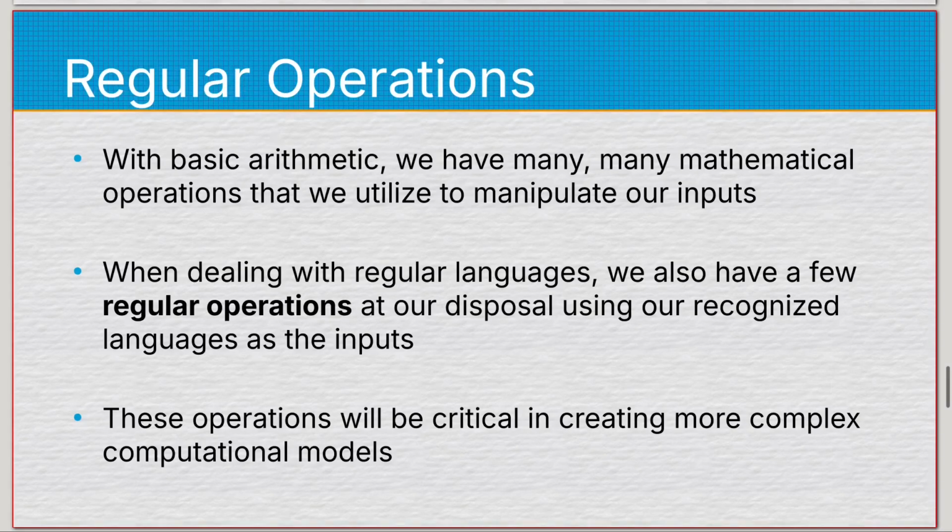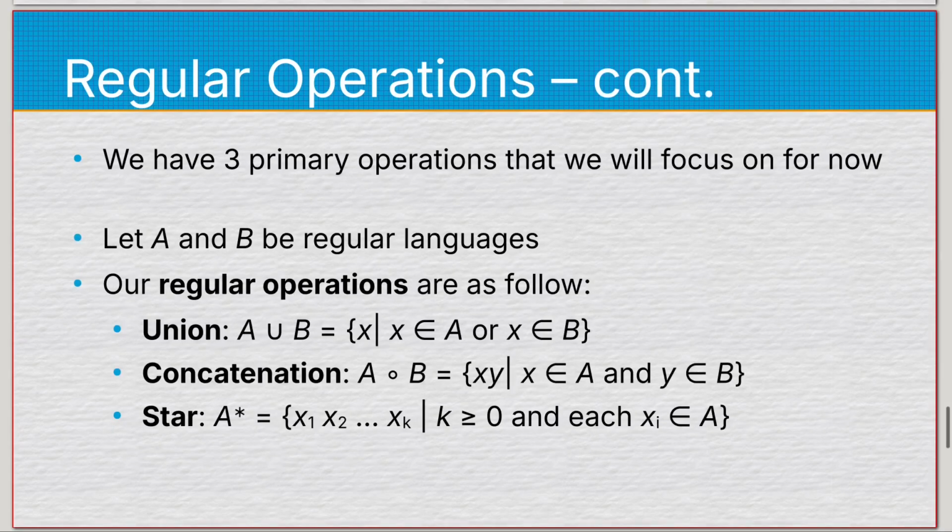As I said in the last video, everything we're doing here is DFAs. Once we move to non-determinism and NFAs, these operations are going to be very common. So let's go ahead and take a look at them. We have three very important operations that you're going to see a lot when we get to regular expressions, but we're going to see them here first.